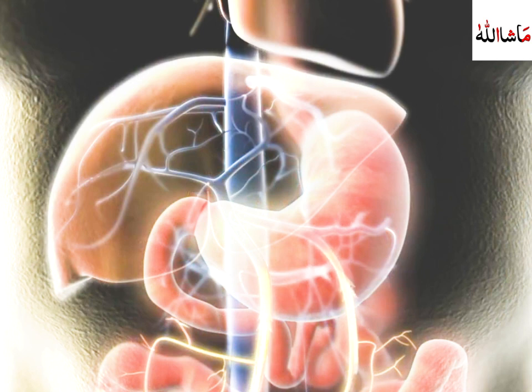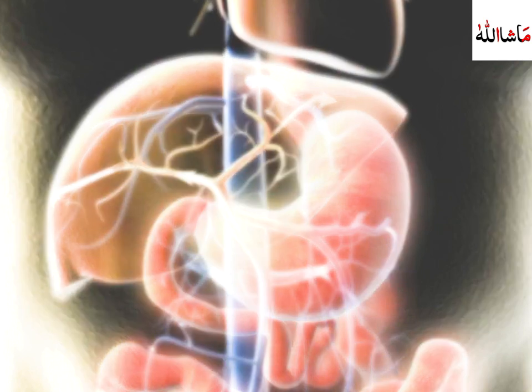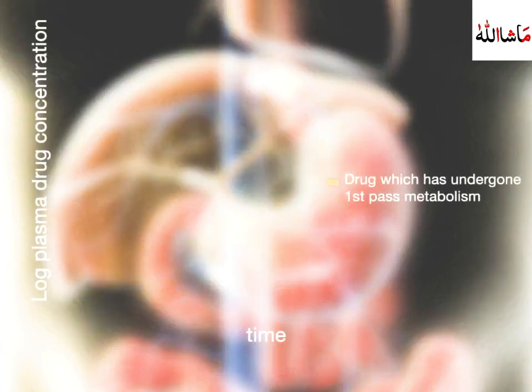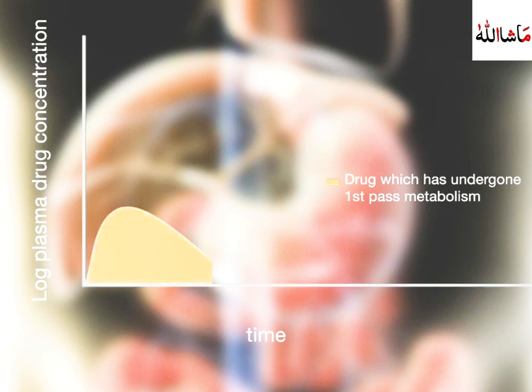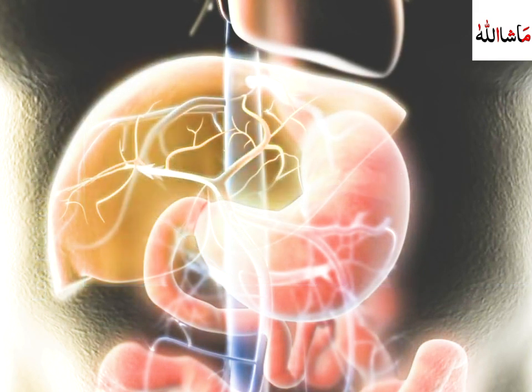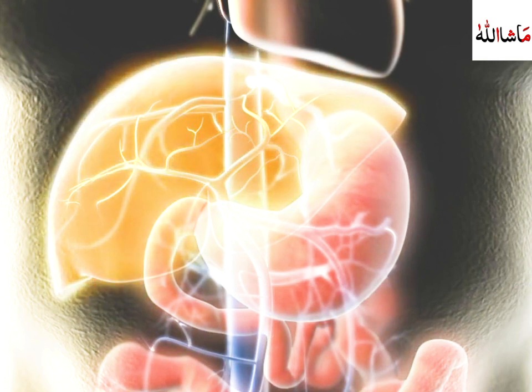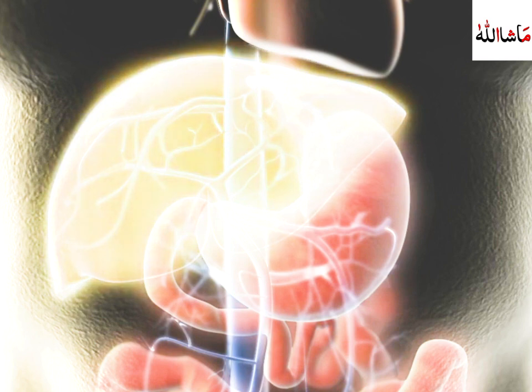Many drugs are biotransformed or metabolized as they pass through the cells of the liver. Drugs which are biotransformed are chemically altered and often do not have the same effects as the parent compound that initially entered the liver cells. As a result, the amount of the parent compound that enters the general circulation is reduced.